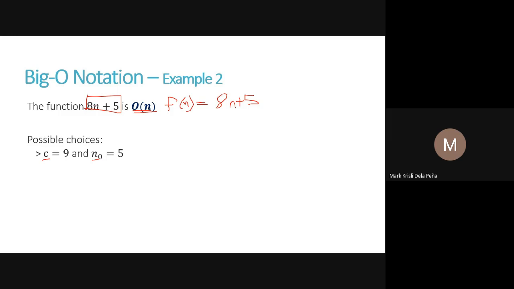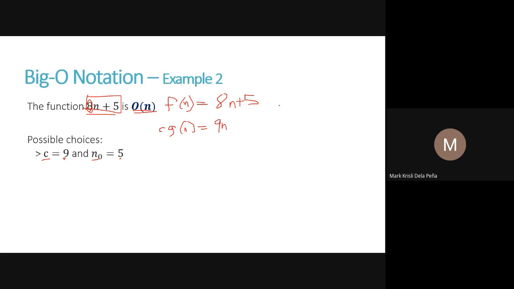So we can just use C is equal to 9 and n is equal to 5. We'll just have to increase this one by 1, and this will be our n sub 0, meaning our cg of n will then be equal to 9n.